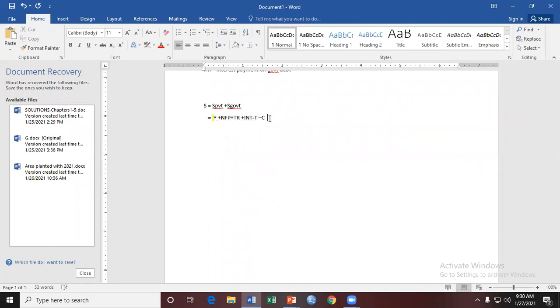And then you have to add government saving, which is equal to taxes minus transfers minus interest, minus government spending.